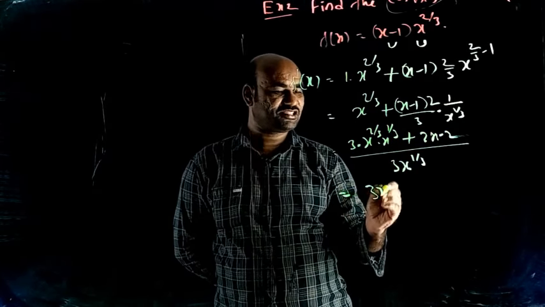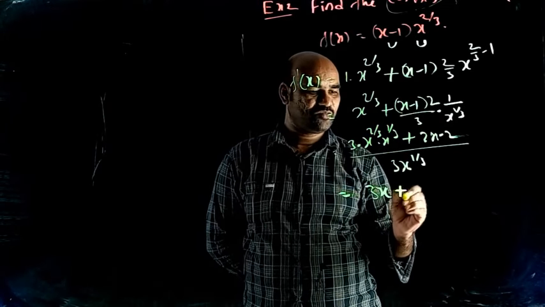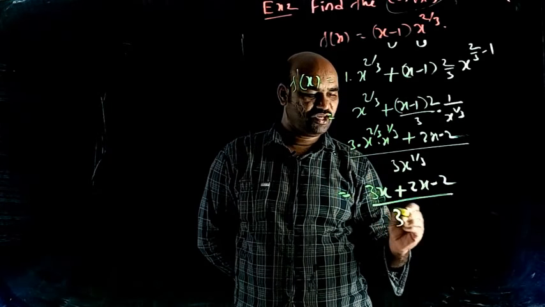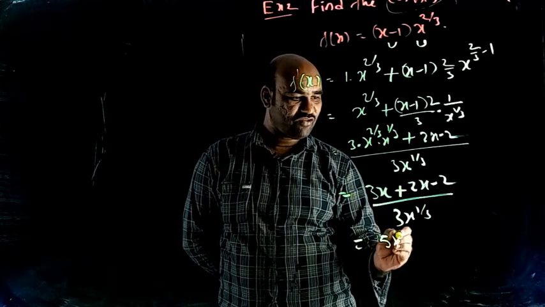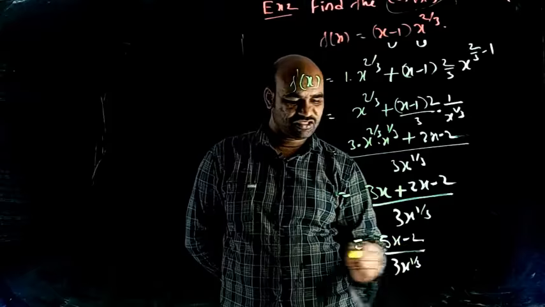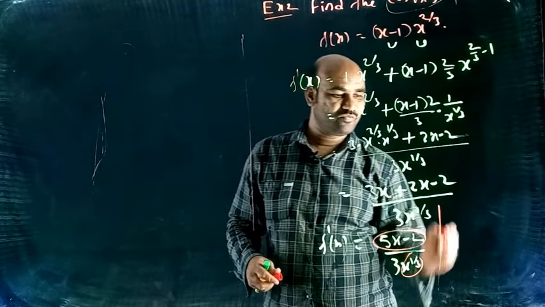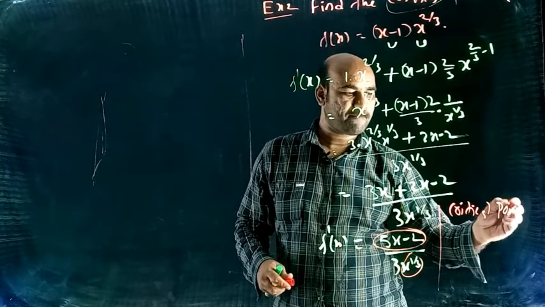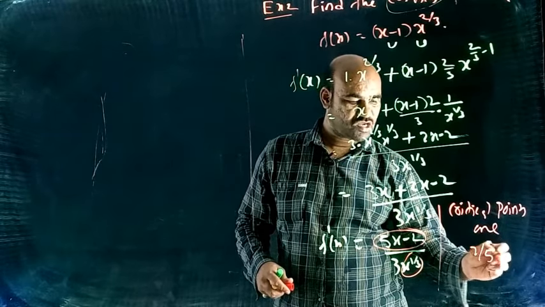This is 3x, since x power 2 by 3 times x power 1 by 3 is x only. 3x plus 2x minus 2 over 3 into x power 1 by 3, which is the same as 5x minus 2 over 3 into x power 1 by 3. This is f dash. F dash not defined means x equal to 0. Therefore, critical points are 2 by 5, comma 0.